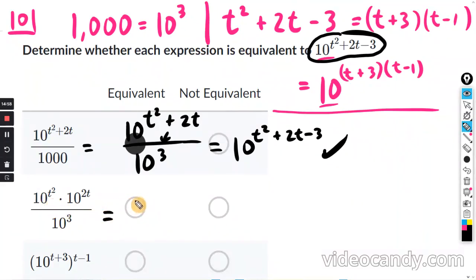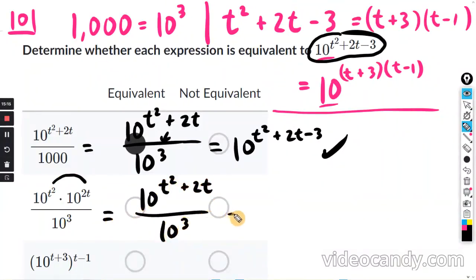On the numerator, 10 times 10, we keep the 10. Since they're both 10, you just add the exponents, t squared plus 2t. And that's divided by 10 to the third. Again, the 10s match, and just subtract the exponents going down. t squared plus 2t minus 3. That matches the original.